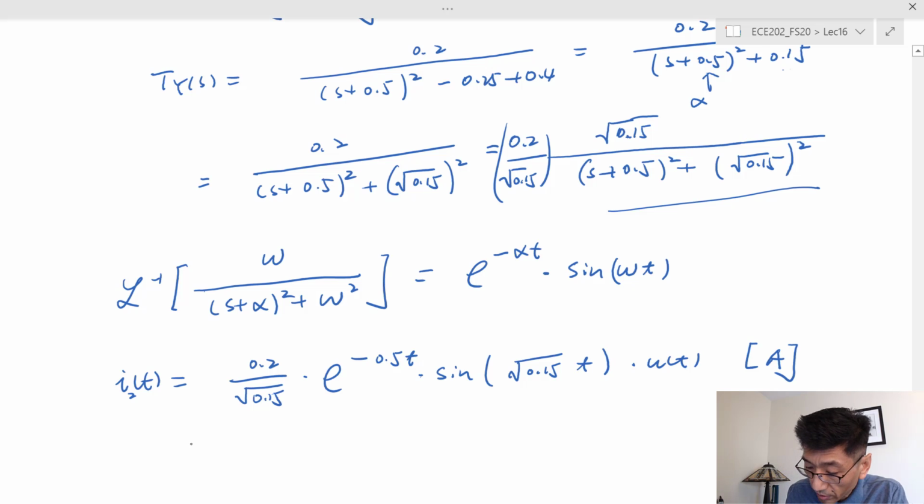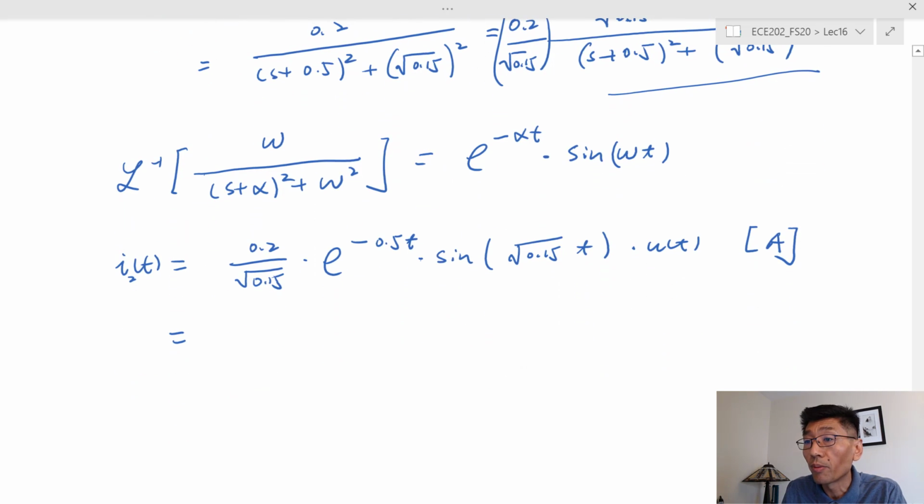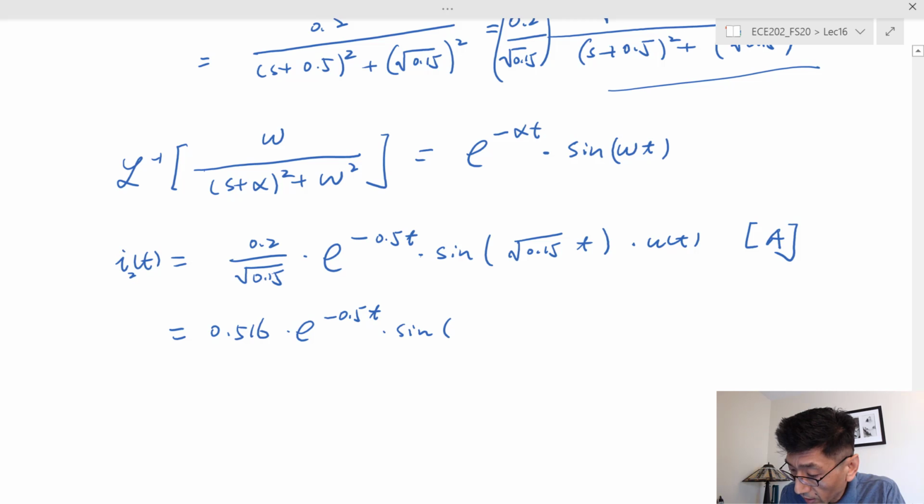In numbers, we call the numbers I calculated before, so this should be 0.16 times e to the minus 0.5t and times sine, and this square root of 0.15 is 0.387, very low frequency, times the ut.